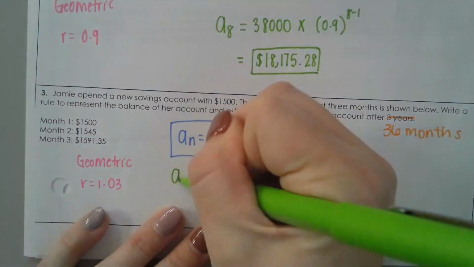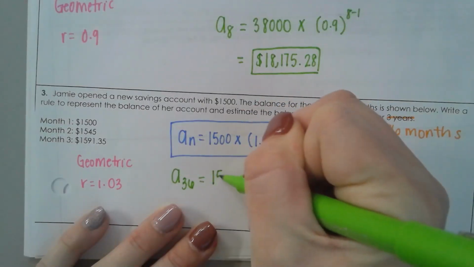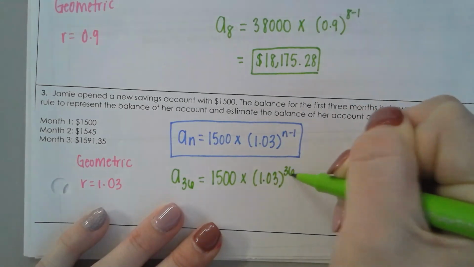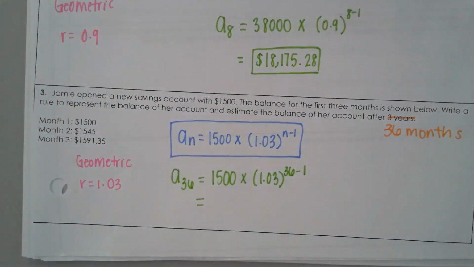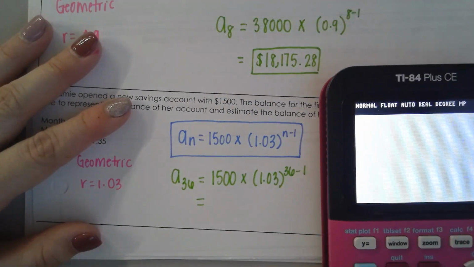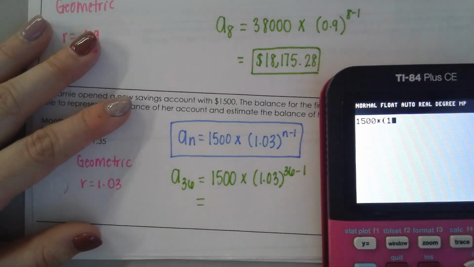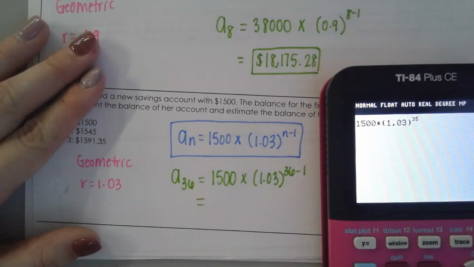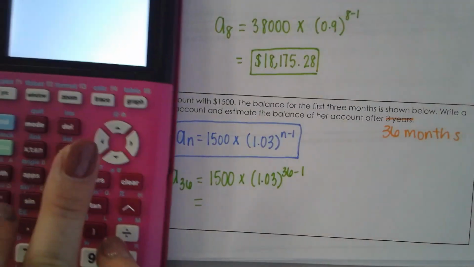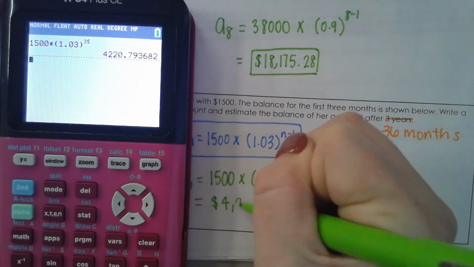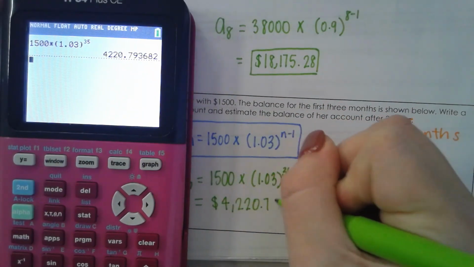So we're going to find A36. You get 4,220.79.